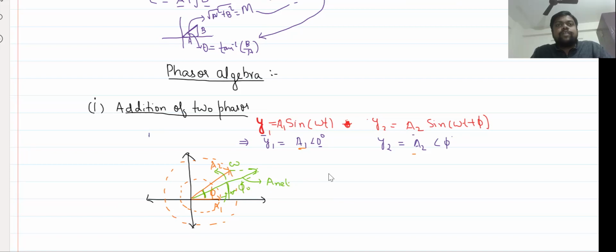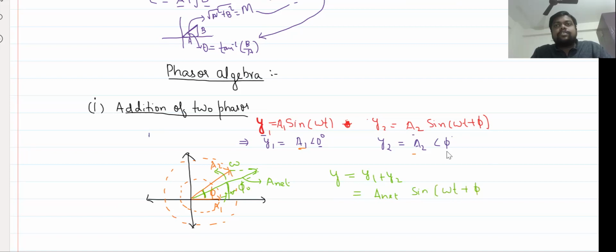So y1 plus y2, that means we are just adding two sine functions, gives something like A net sine of omega t plus phi naught, where omega is the same.